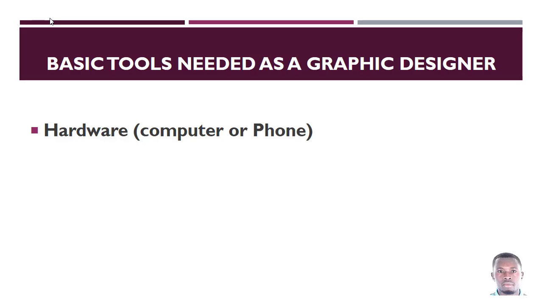So if you have such apps, you can just use your phone to design simple and good designs. But mainly, I always prefer to use a computer and computer related software that will help you to design. That one is much more efficient and easy.